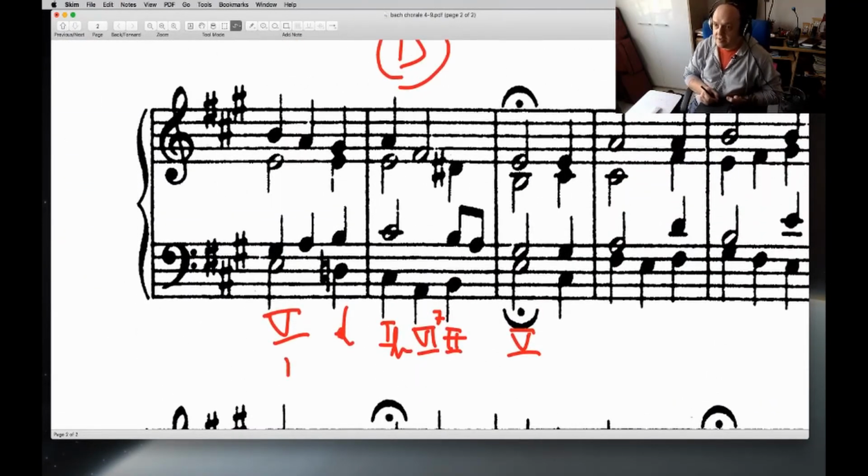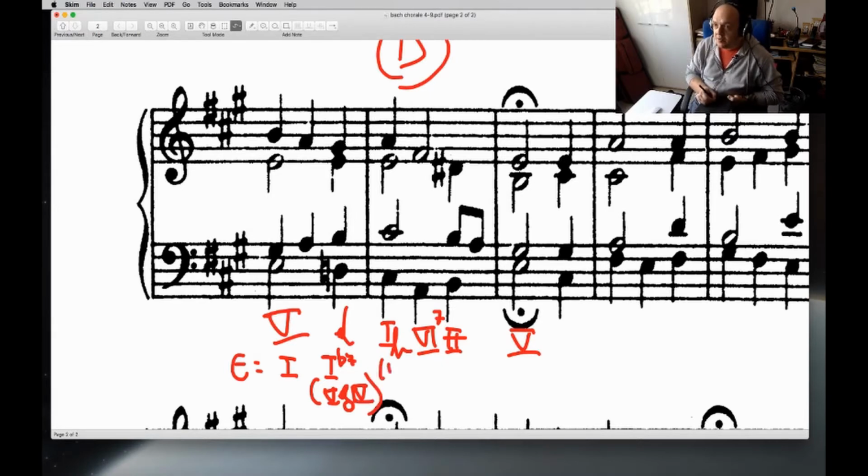Yeah, this is then 1. I'm thinking in E. This is then 1. That would be 1 with a flat 7. 5 of 4. 5 of 4 of E. A. In fact, it goes to A.